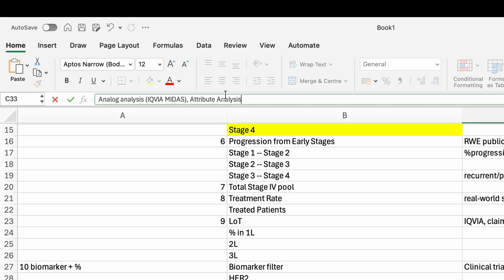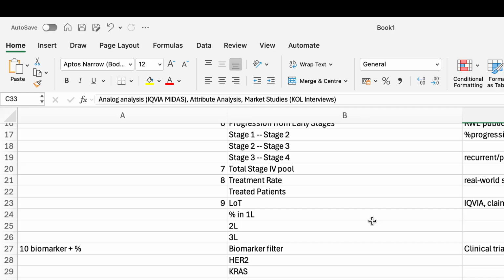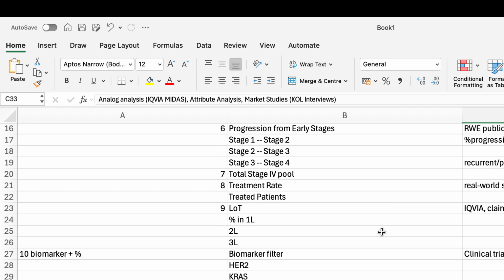Then another thing we do is market analysis or market studies. What we do in the market studies is mainly primary research. We take KOL interviews because we need to understand what doctors' behavior would be when this drug gets launched into the market, and whether they would switch their patients from the current drug they are prescribing to this new drug that would be coming into the market in the next 2 years, right?